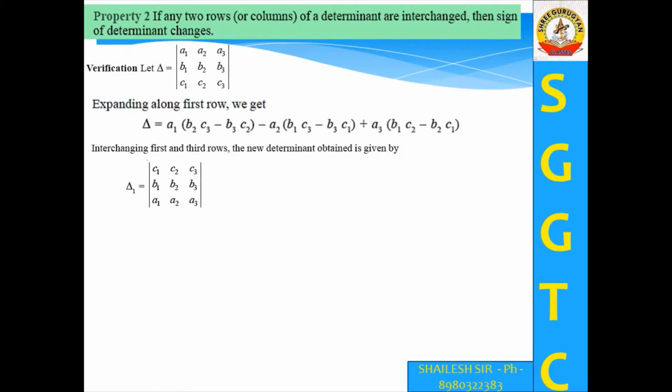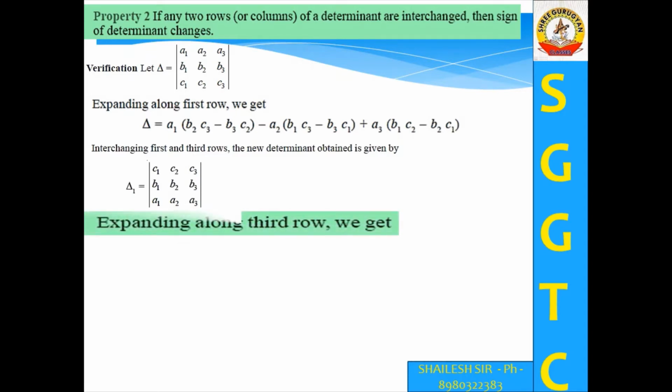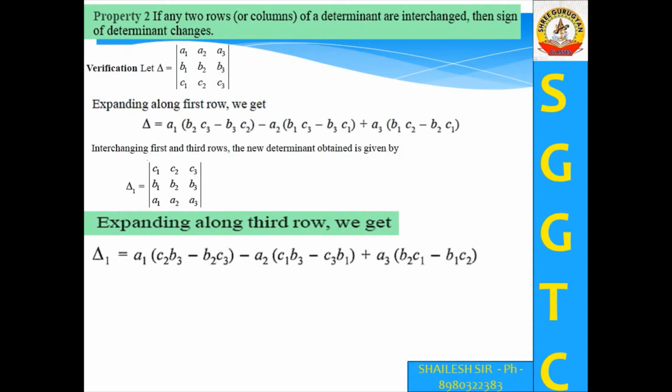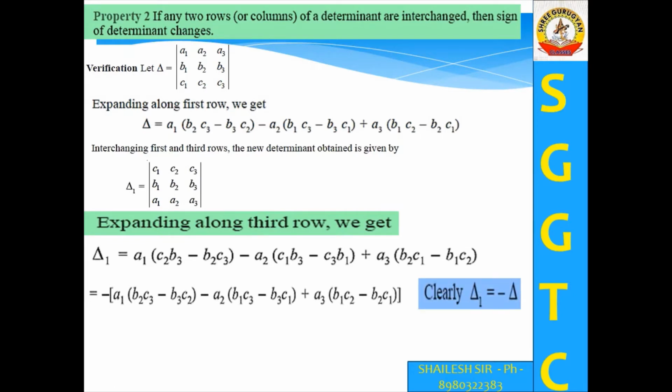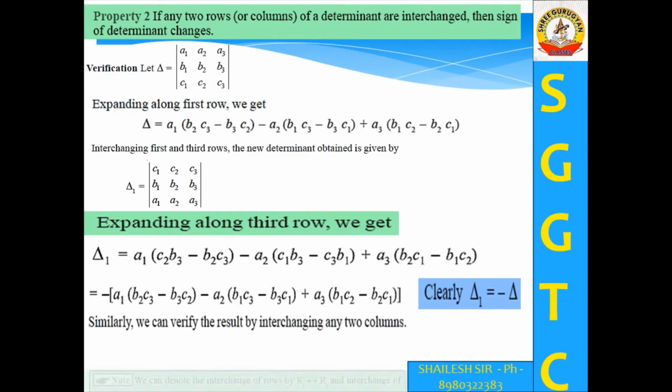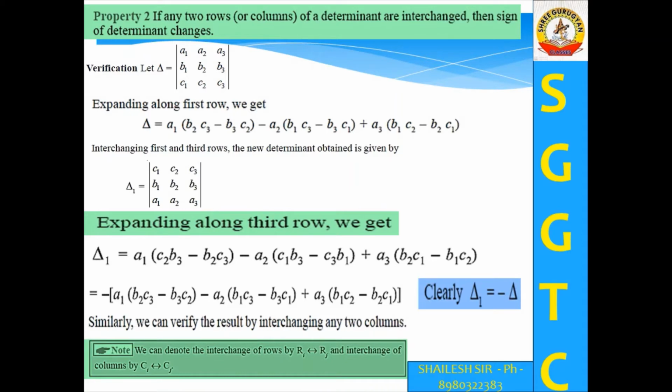One more time, students, you can apply this column wise also. Any two columns interchanged gives the same result. Either any two rows interchanged, first and second is also true, second and third also true, and first and third also true. I am taking first and third here. So expanding by the third row, surely my answer is according to the original del.